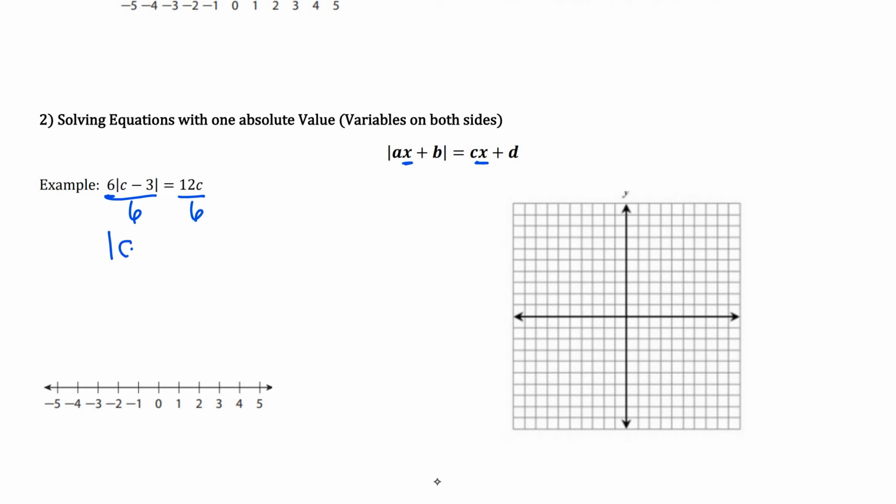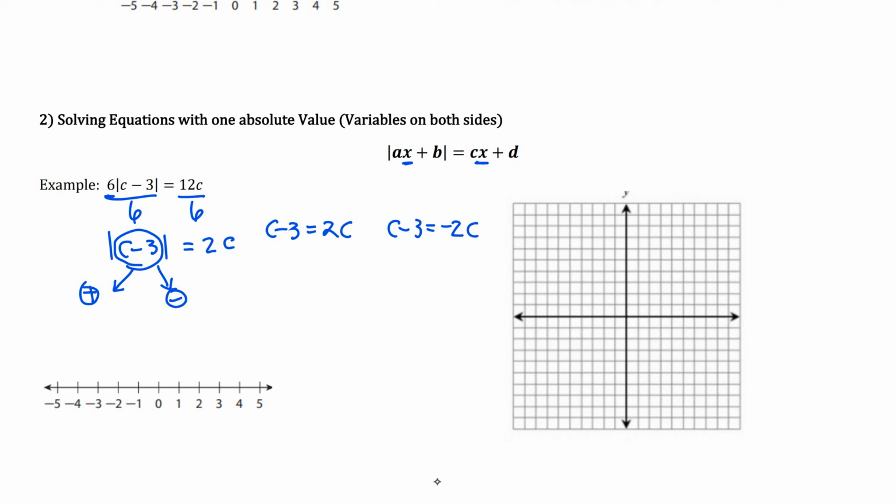So absolute value c minus 3 equals 2c. This inside the absolute value has two choices, either positive or negative. So c minus 3 could be 2c, or c minus 3 could be negative 2c.